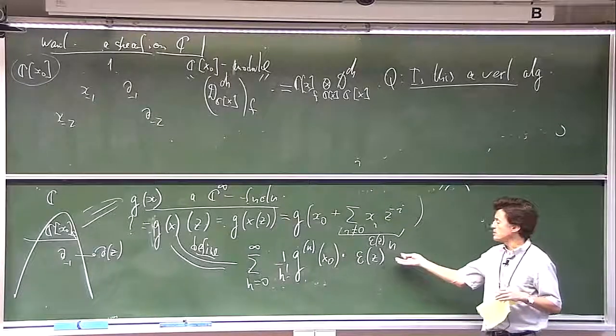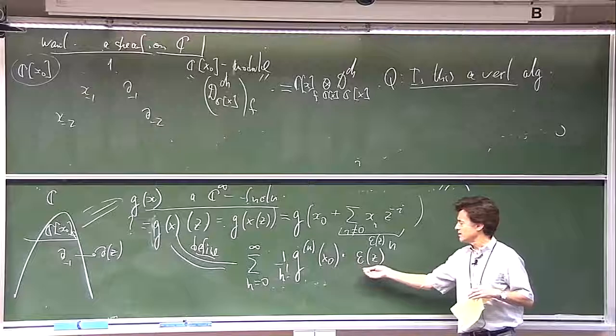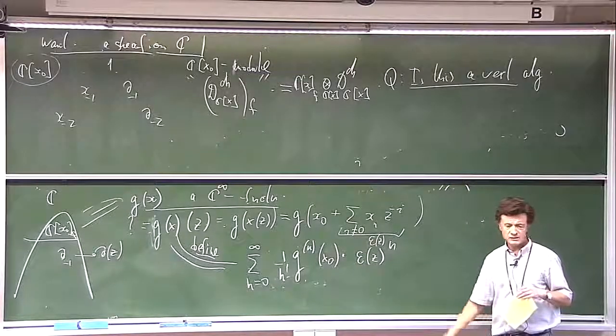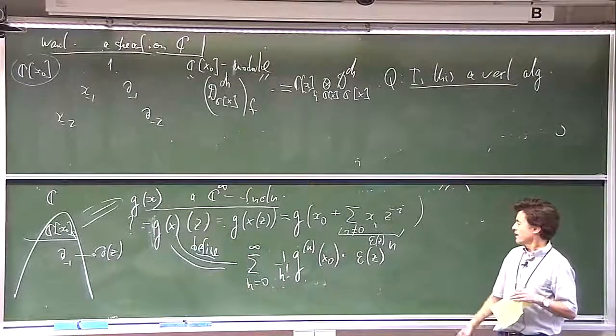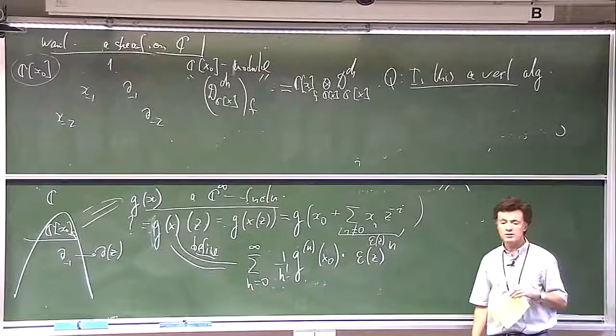It definitely makes sense. The result appears to be highly non-palatable, but it definitely makes sense as a collection of formal series with coefficients in operators operating on that module.